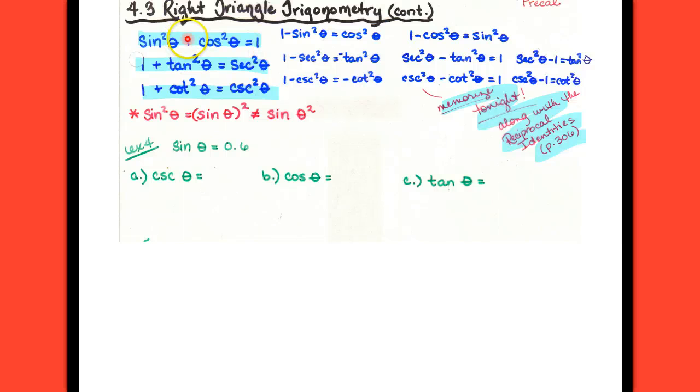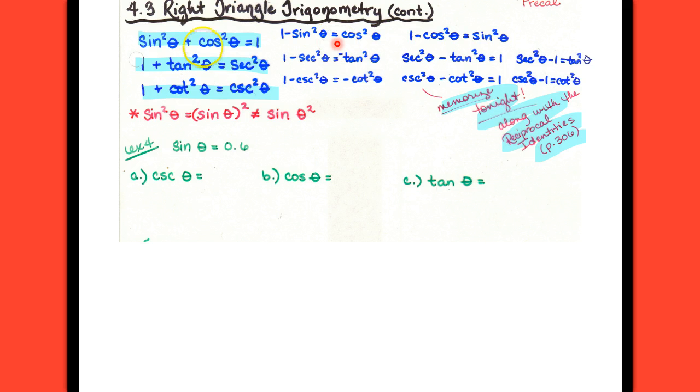Now, each of these three identities that you see listed here is an equation. You can turn an equation around in lots of different ways. Just to illustrate that for you, right here we've got sine squared plus cosine squared is equal to 1. If we subtracted this sine squared over to the other side, that'd be 1 minus sine squared is equal to cosine squared. So that'd be another way to write that same identity.